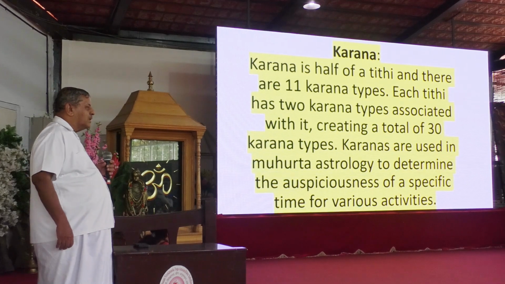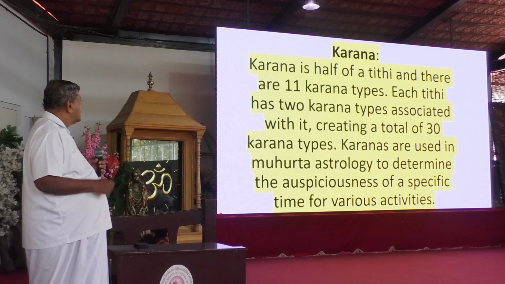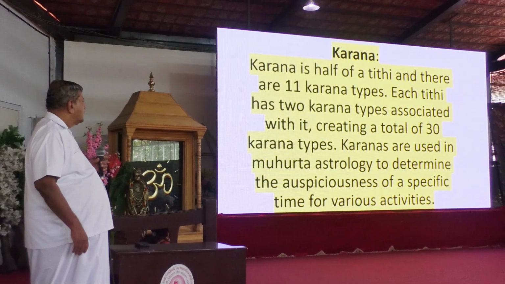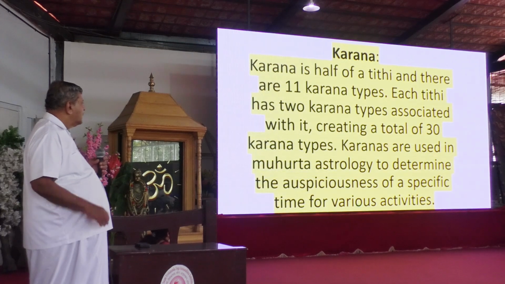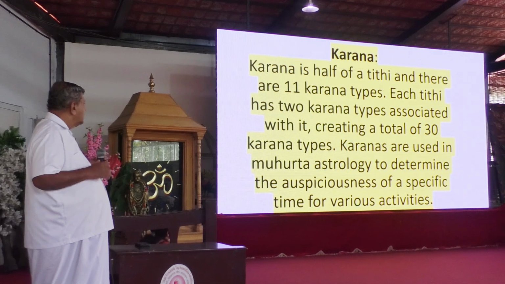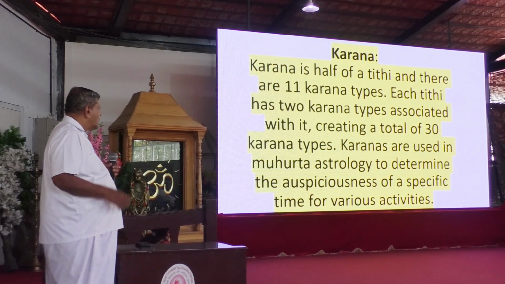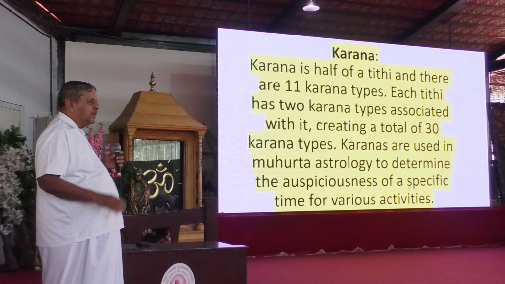Then, last is the Karana. Karana is half of a Tithi, and there are 11 Karana types. Each Tithi has 2 Karanas associated with it, creating a total of 60 Karanas in a lunar month. Karanas are used in Muhurta astrology to determine the auspiciousness of a specific time for various activities.